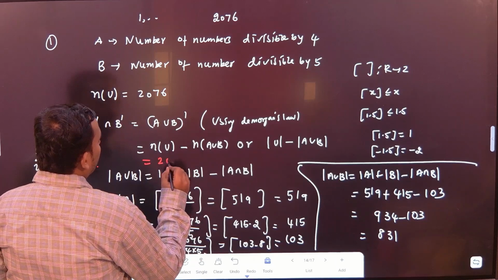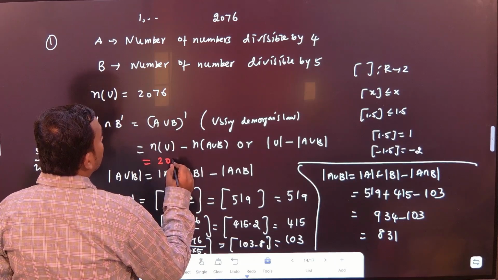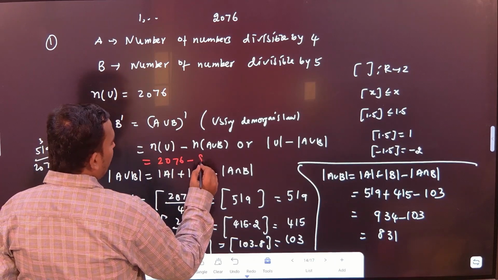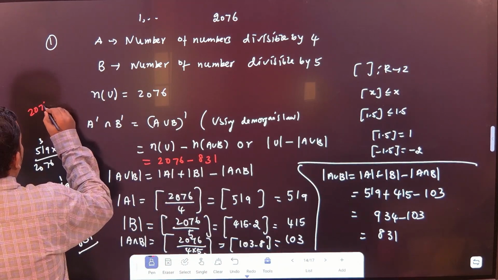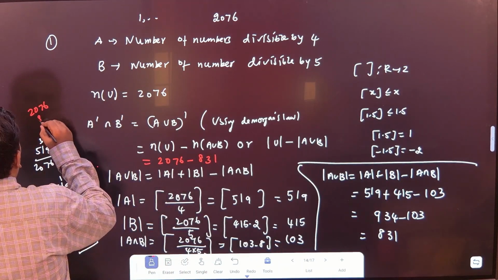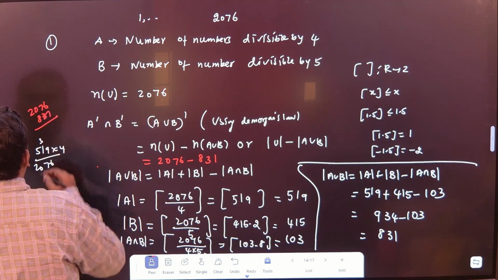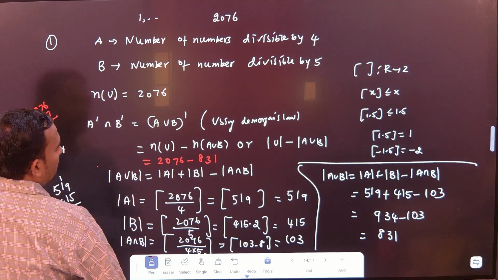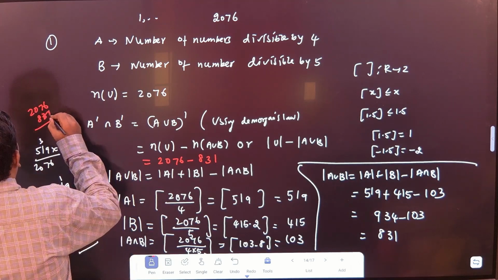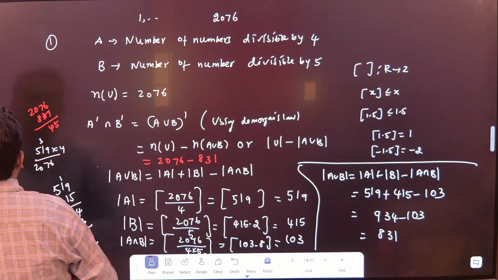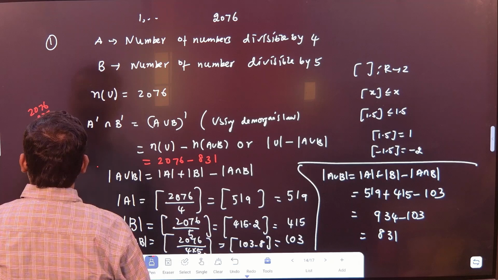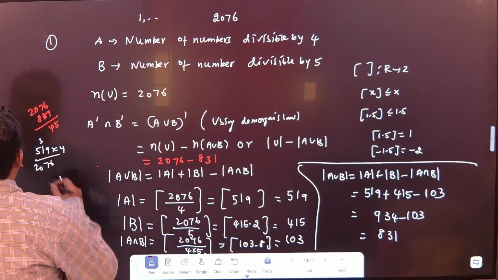The universal set is 2076, minus 831, you can do it. 2076 minus 831, how much will it be?